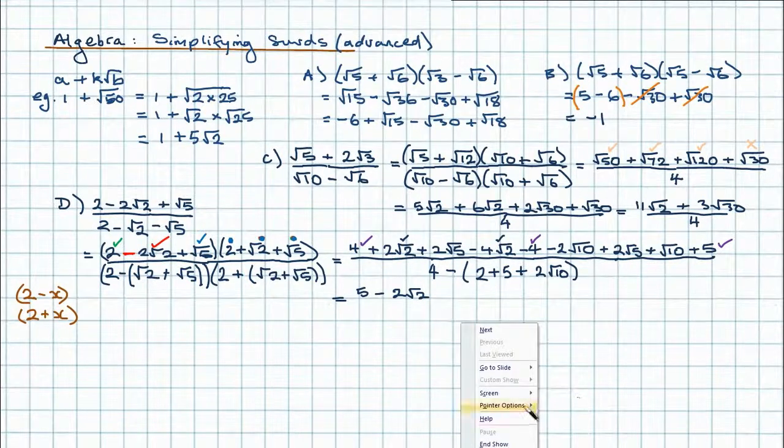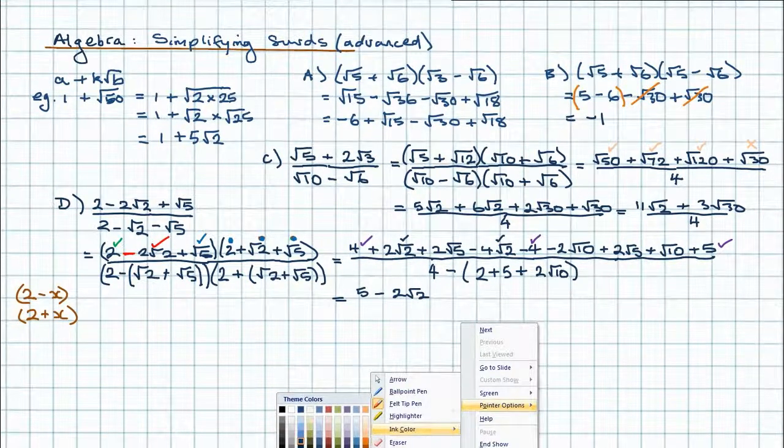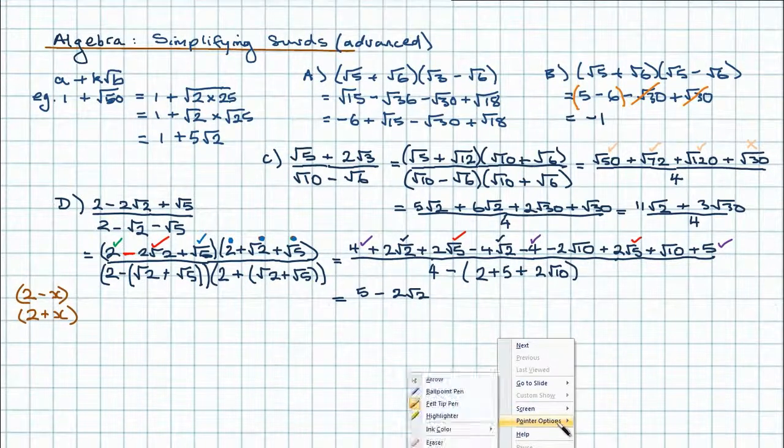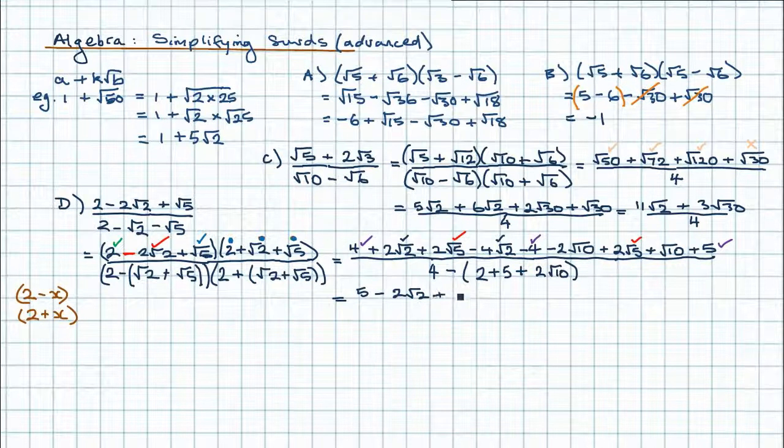Okay, now let's look for our root 5s. Again, I think there's just a couple. There's a root 5 there and a root 5 there. So I've got 2 root 5 plus 2 root 5. That's going to be 4 root 5. And I do think it's a good idea to tick them as you're going along, because then at the end of this operation we can make sure we haven't missed anything out.